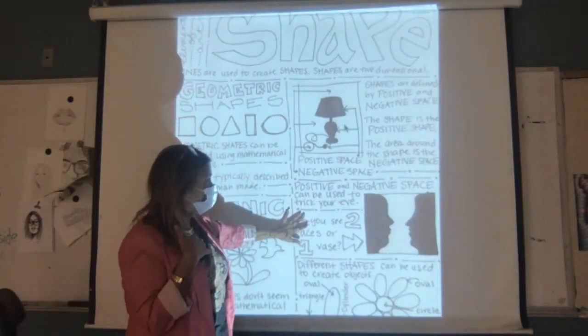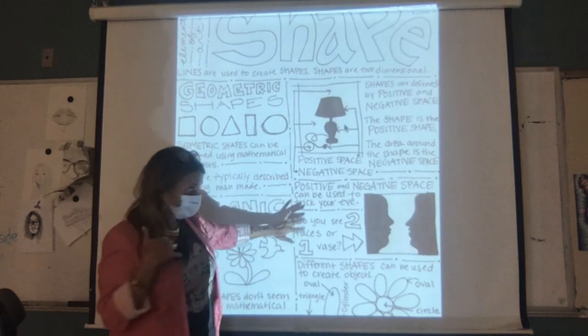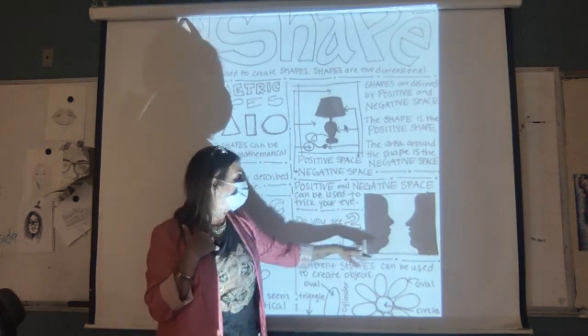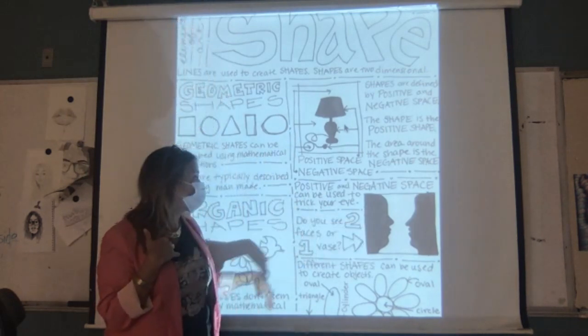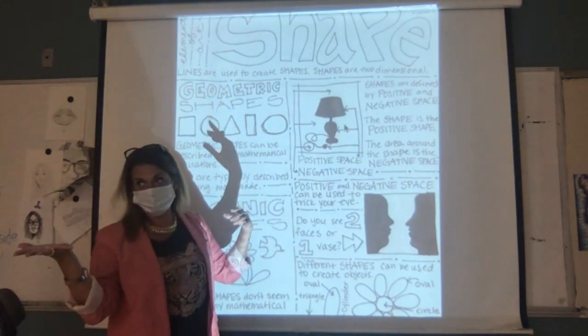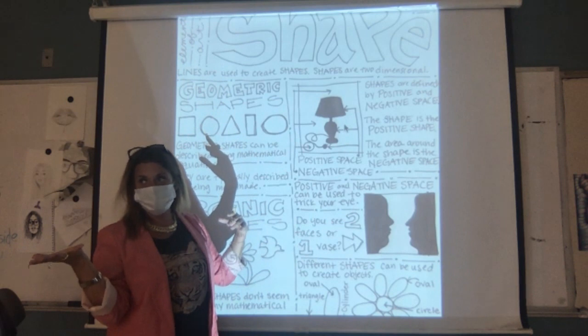This is a great example of it. You're going to be creating your own. You probably have seen this before, or maybe not. In this image right here, do you see two faces or do you see a vase? When you look at the negative, you see a vase. Look at the positive, you see faces.